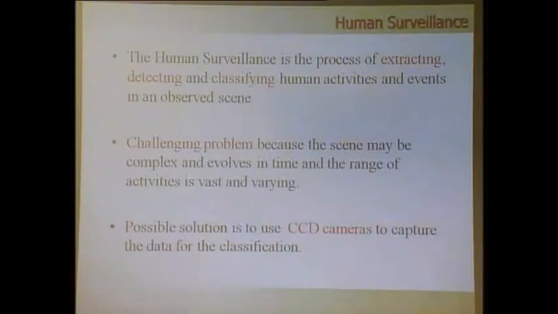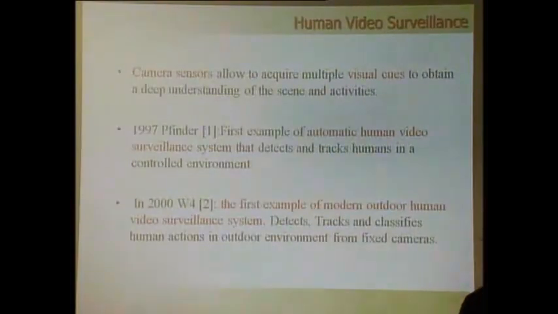One possible solution is CCD cameras to capture the data for the classification. In particular, when we use a camera sensor to acquire the data, we talk about human video surveillance. This is the process of acquiring and classifying visual cues to obtain a deep understanding of the scene.